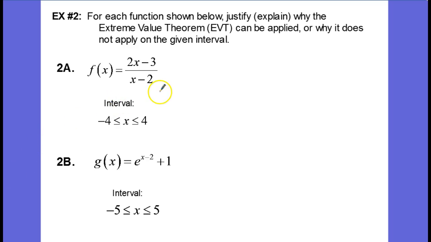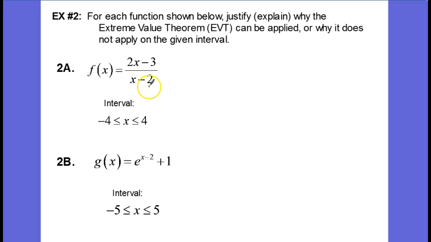So let's take a look at this function and determine whether it's continuous on the closed interval from -4 to +4. Looking at this function, we immediately see that we have a hole at, actually not a hole, a vertical asymptote at x equals 2.